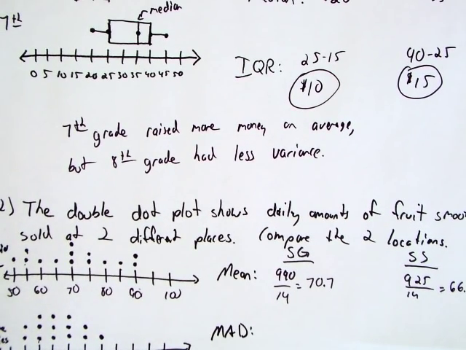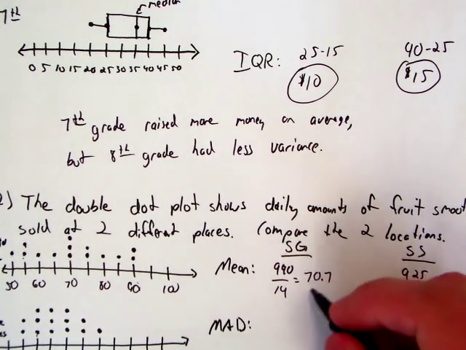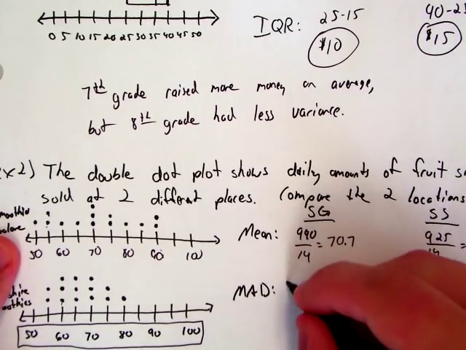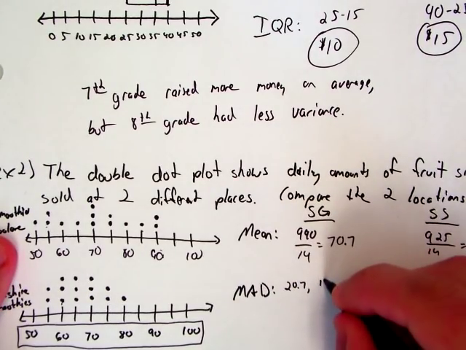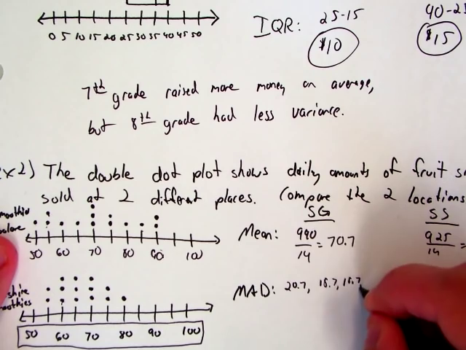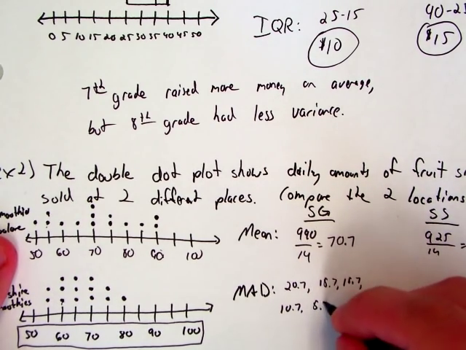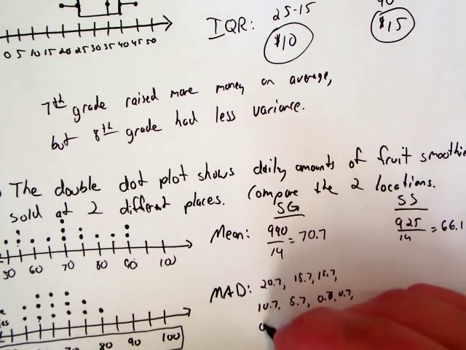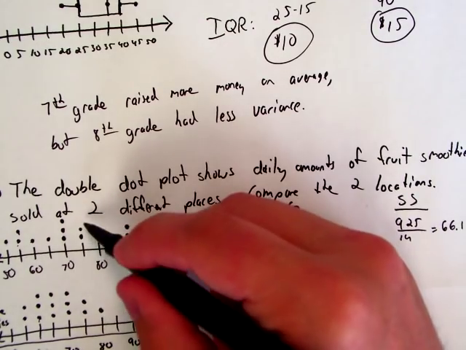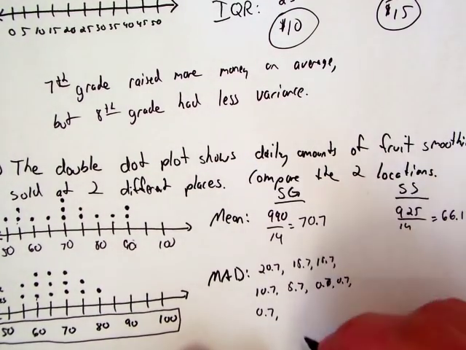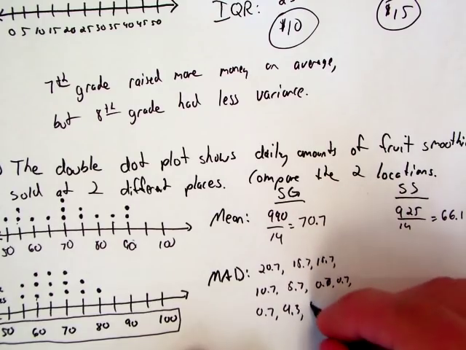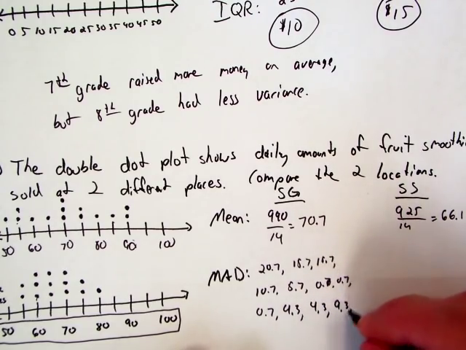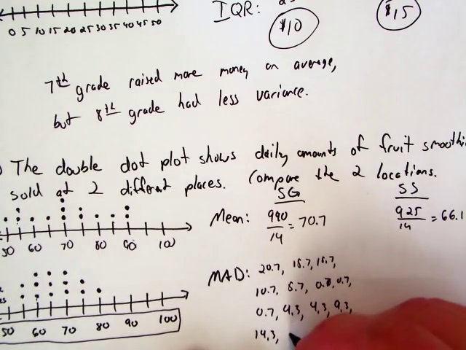Mean absolute deviation. This is going to take a little bit more time. But if I go ahead, 70.7 minus 50, I'd have 20.7. I'd have 2 15.7s. I'd have a 10.7, I'd have a 5.7. I'd have 3 0.7s. Now here's where it gets interesting. 75 minus 70.7 is going to get you a 4.3. We have 2 of those. We have a 9.3, a 14.3, and then I have 2 19.3s.